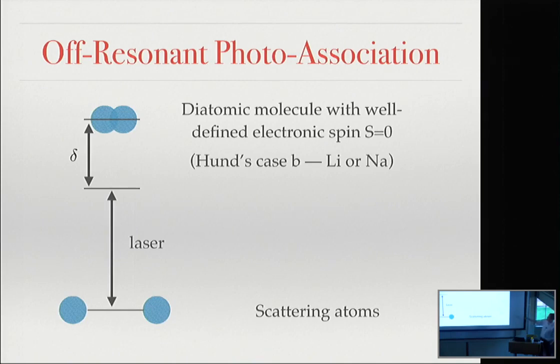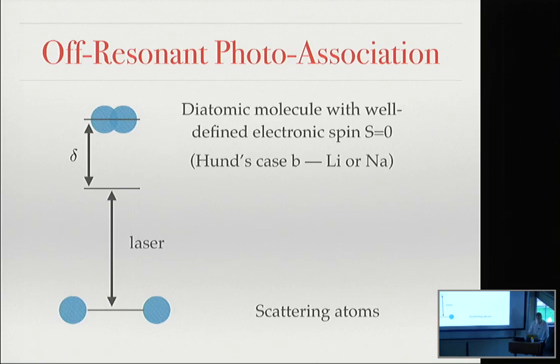And so if you look at the molecular physics, essentially what we need in order to get a well-defined electronic spin is a very weak spin-orbit coupling. Right? So we need a relatively light atom, something like lithium works well, or sodium even is not so bad, that there are some molecular states which have this property in either of those.